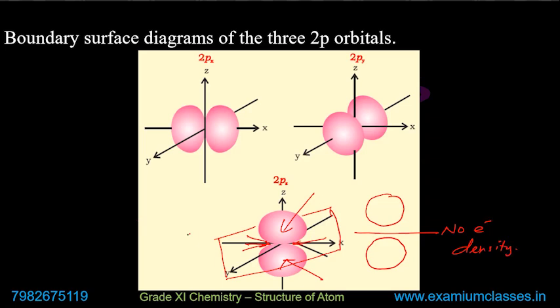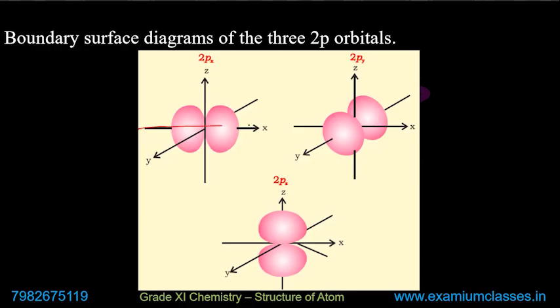So this whole xy plane does not have any electron density. So this is defined as nodal plane. So xy here is the nodal plane. Nodal plane means the density of the electrons is zero along this plane.